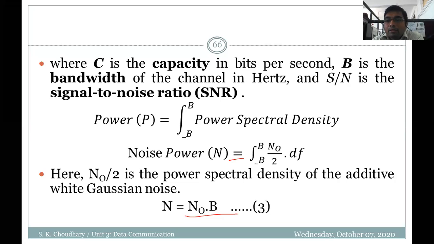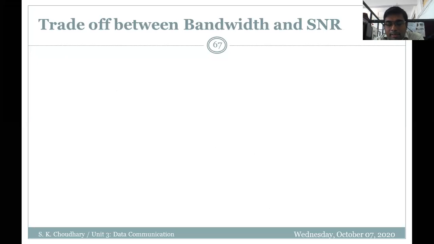One is the bandwidth, another is the signal to noise ratio. Now you can also say that your channel capacity depends upon two factors, bandwidth and signal to noise ratio. So there is a trade-off between the bandwidth and the SNR.